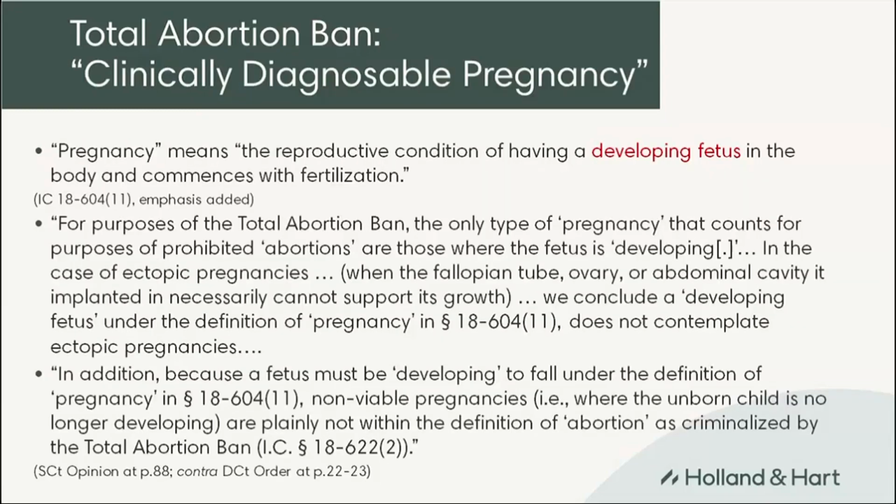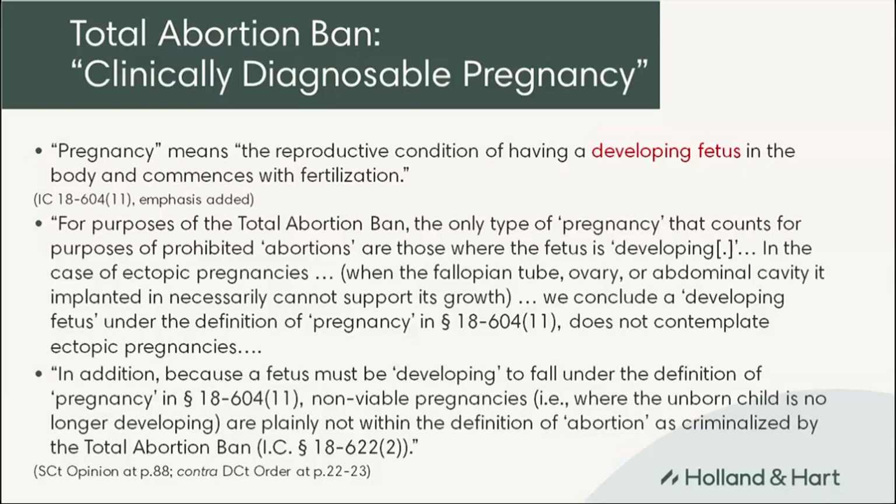child. In addition to that, at the Supreme Court level, when this case went up, the Supreme Court clarified that as it interpreted the total abortion ban, it only applies to a pregnancy, defined as the reproductive condition of having a developing fetus in the body, and commences with fertilization.